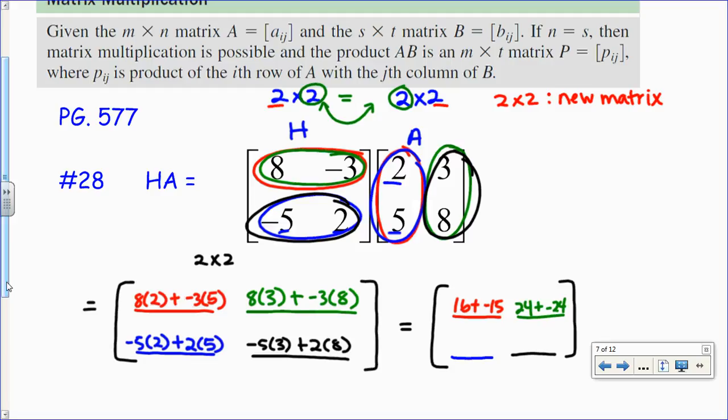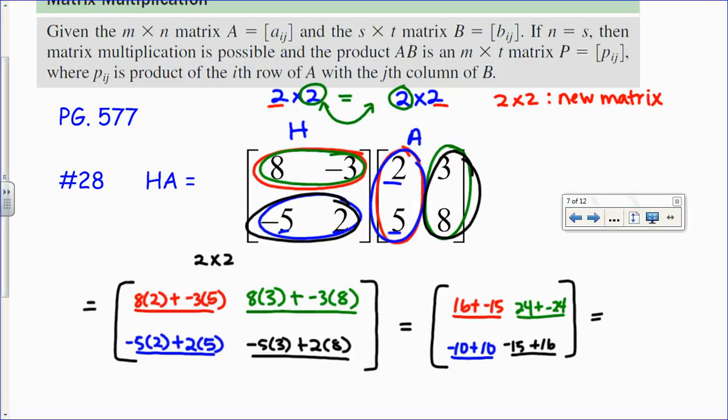And then negative 10 plus 10. And then negative 15 plus 16. And I end up with 1, 0, 0, 1.